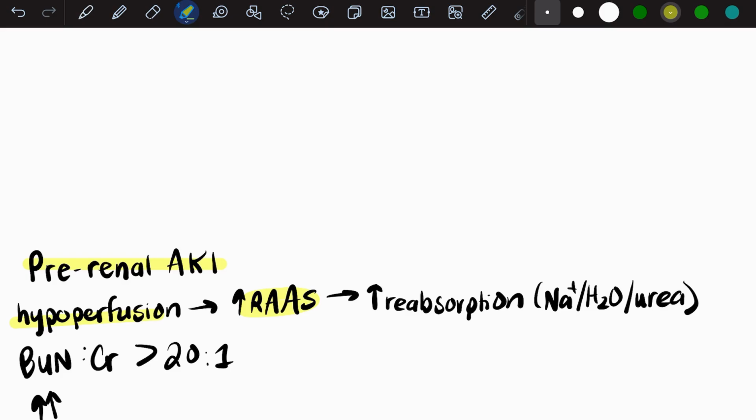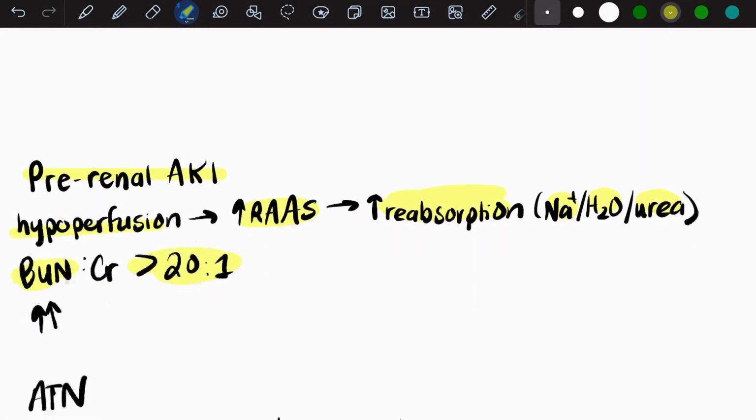So it's going to start reabsorbing so much more, it's panicking basically. So it's going to be reabsorbing sodium, water, urea, that's BUN, and so the ratio actually increases. So you have much more BUN in relation to creatinine. So your ratio ends up being more than 20 to 1, and usually it's around 15 to 1.